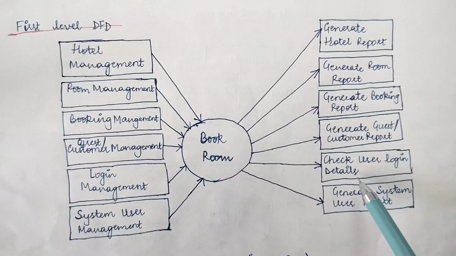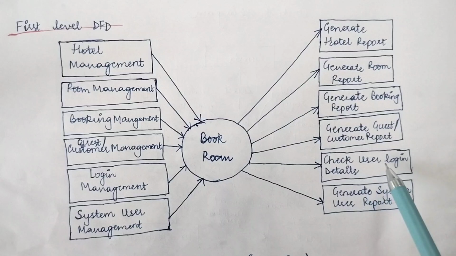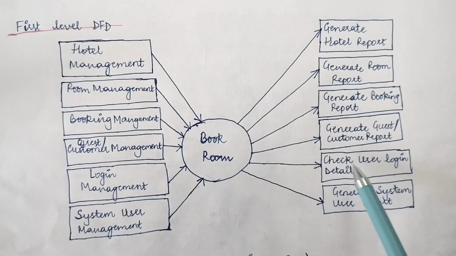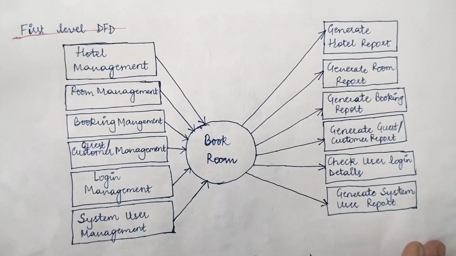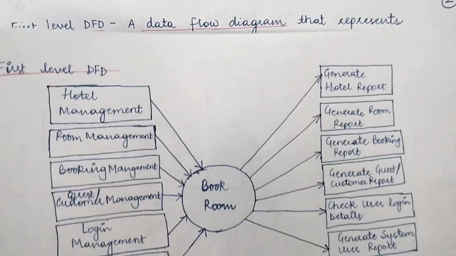Then it will check whether the user login details are correct or not, and these will be generated as output. And finally it will generate the system user report. So here you have seen that, as compared to the context diagram, we have gone into the details of the various processes and the data flows also.